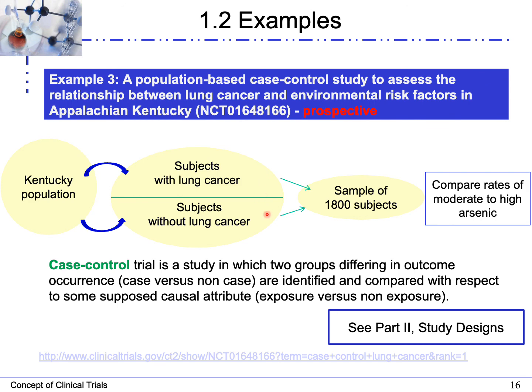They are first identified from the population of interest. And then biological samples were taken on those subjects in order to assess the rate of moderate and high arsenic, and so look at the relationship between this rate of moderate-high arsenic and the outcome of lung cancer or not.